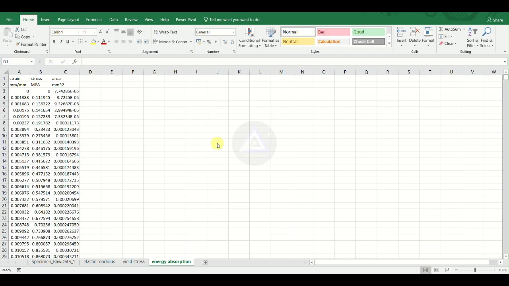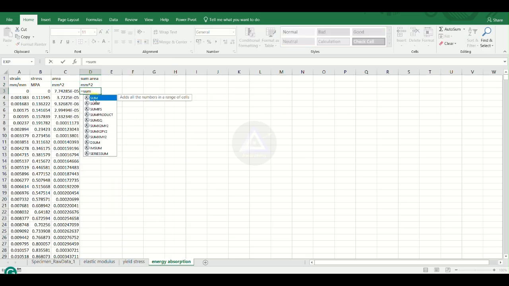So now we need to measure the cumulative area. For that, we can use the sum area and use this relation as it is. So let's use the formula, and there we can use the sum function.